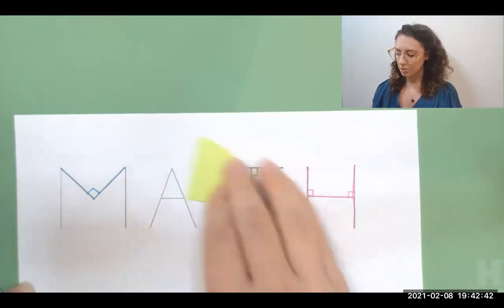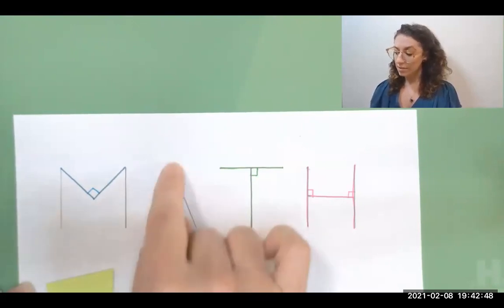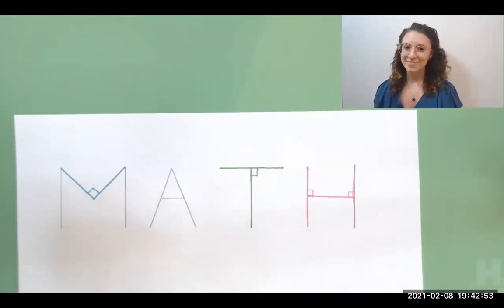This angle is acute. And this angle is obtuse. So these lines all intersect, but they are not perpendicular either. Now I wonder, what other letters have perpendicular lines? Maybe you have some in your name.